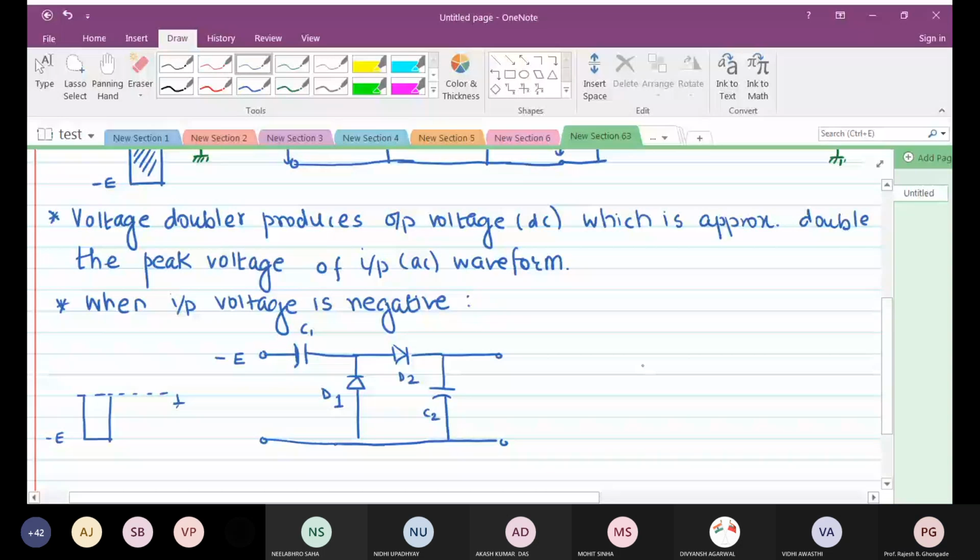Tell me. Guys? Yes? D1 will be forward biased. Speak louder. D1 will be forward biased. Why? But how will E be connected? E is DC. You have a capacitor. So how will that happen?